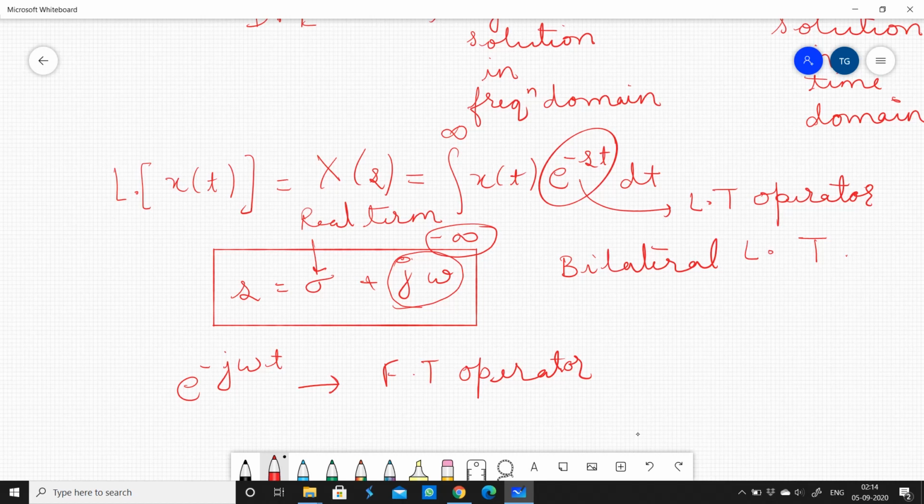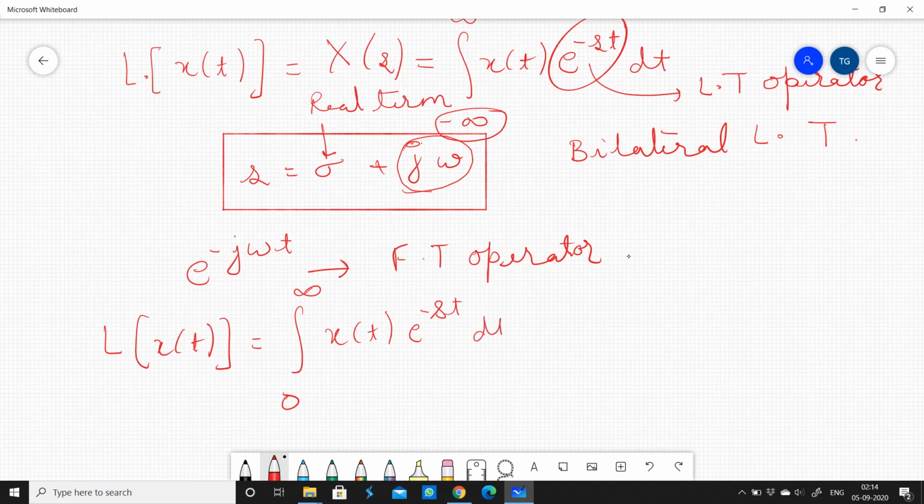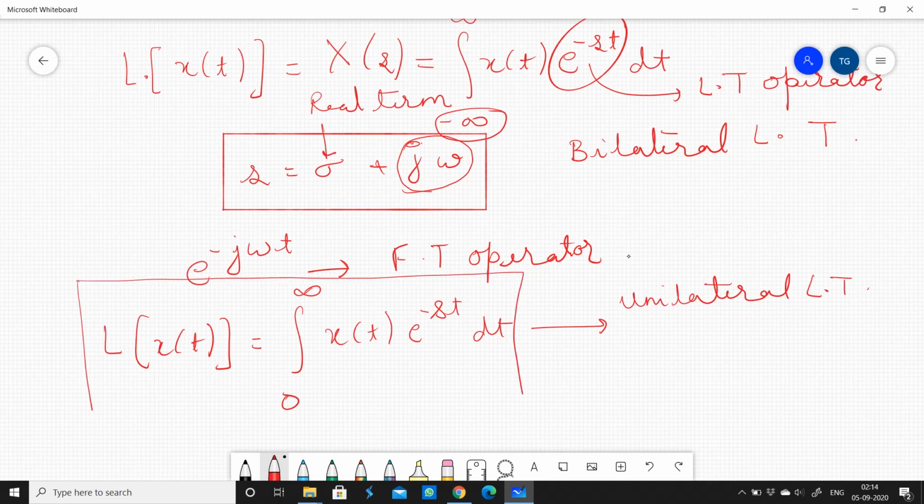And when we have the lower limit equal to 0, that is, the Laplace transform of x(t) is equal to the integral from 0 to infinity of x(t) e^(-st) dt, then it is known as the unilateral Laplace transform. This is how we calculate the Laplace transform of a time domain signal x(t).